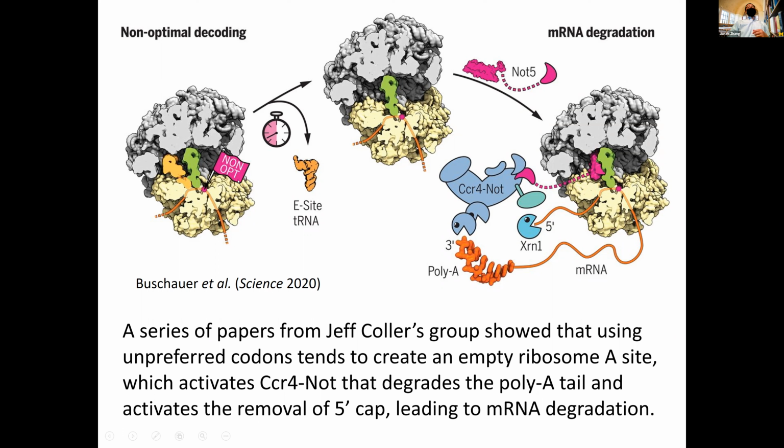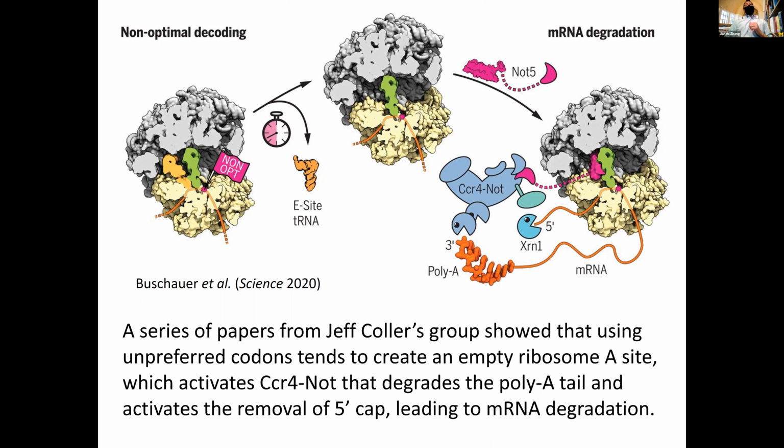This is the A site of the ribosome where the tRNA will come in. If you are a rare codon, you wait for a tRNA that has low concentration, so you tend to have longer waiting time. So this A site is empty for quite a long time, and the cell has a system to detect that signal.